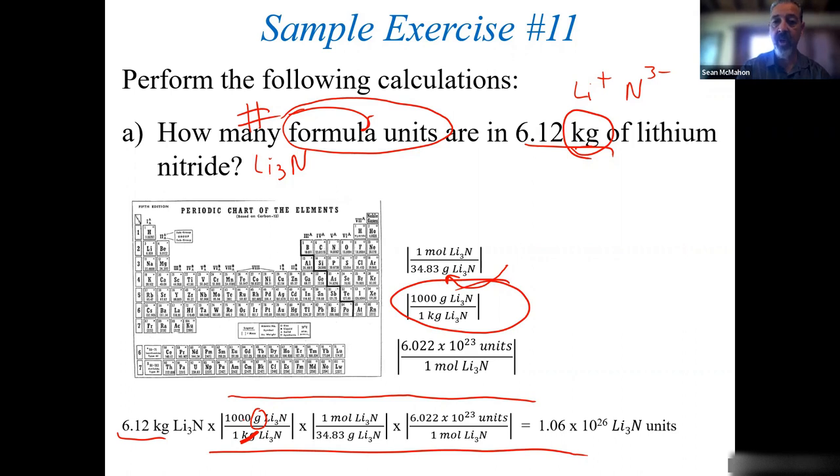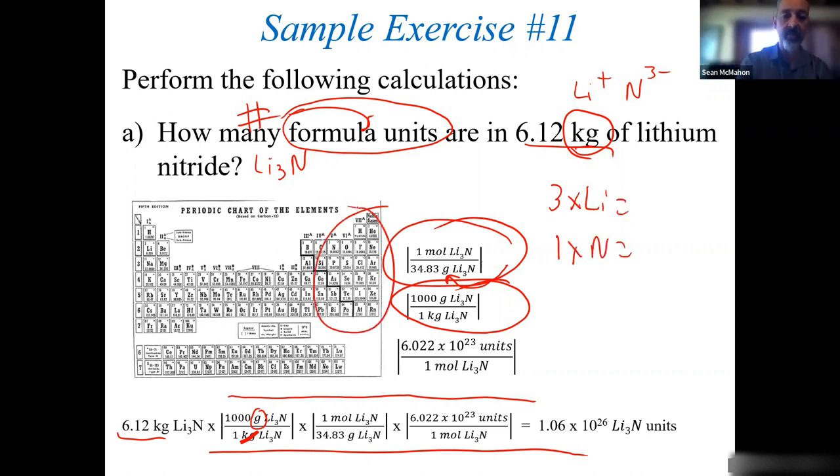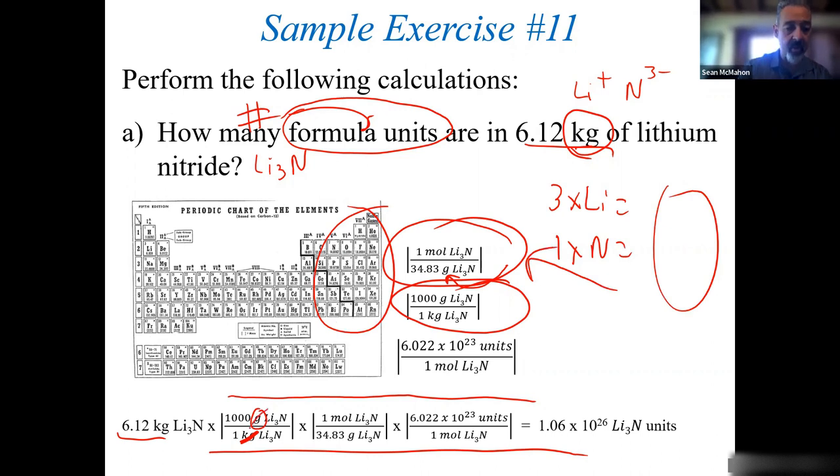I want to convert grams to moles. That's how I can get to counting. So I use the molar mass. How? Periodic table. 3 lithium, 1 nitrogen. Use the periodic table, figure out the molar mass to be that. Grams of lithium nitride, there's 34.83 in 1 mole. But I didn't just want moles.